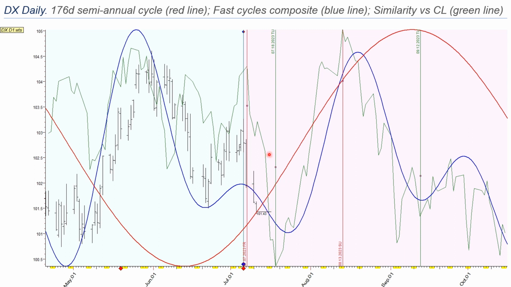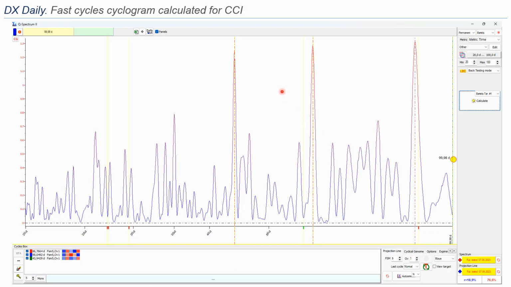As you can see, this fast cycles line suggests a US dollar index decline till the beginning of next week. But let's have a look in detail at this bold blue line. It is calculated by the CCI index, and its cyclogram suggests three peaks.